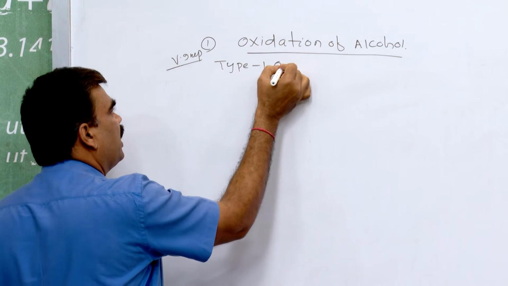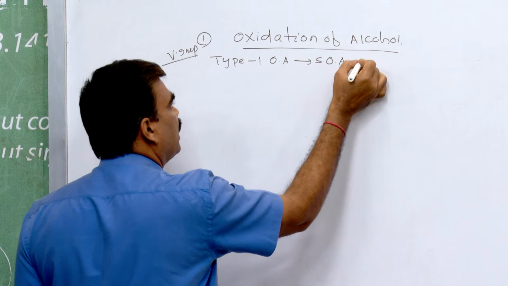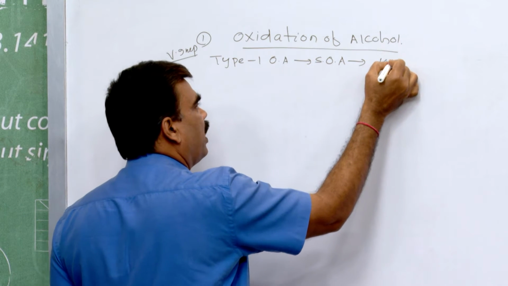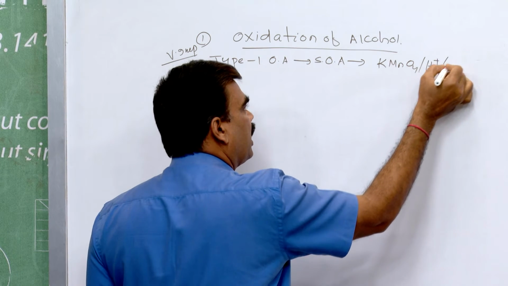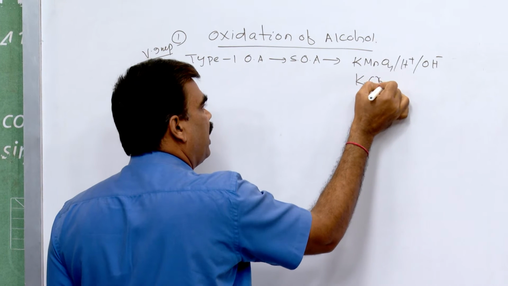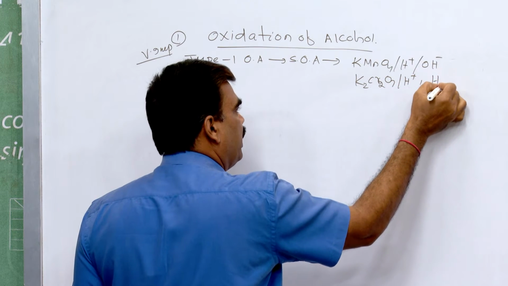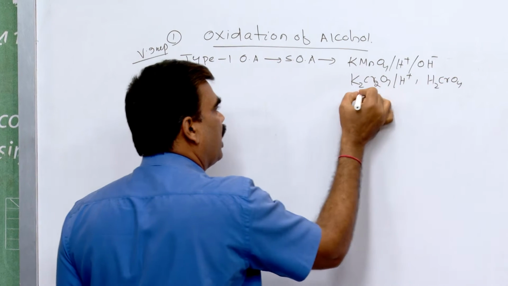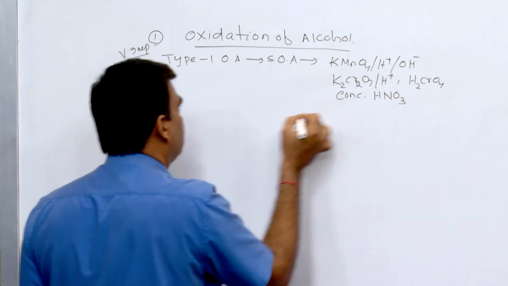Type 1 oxidizing agents are strong oxidizing agents like potassium permanganate, acidified potassium permanganate or alkaline potassium permanganate, potassium dichromate, acidified solution, or even your chromic acid, or you can have concentrated nitric acid. These are all strong oxidizing agents.